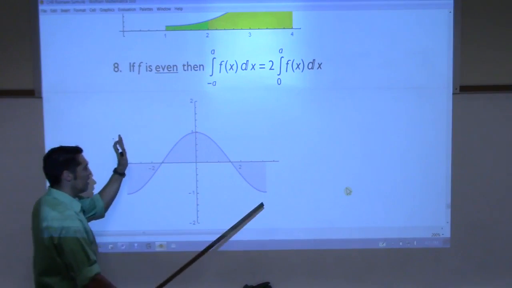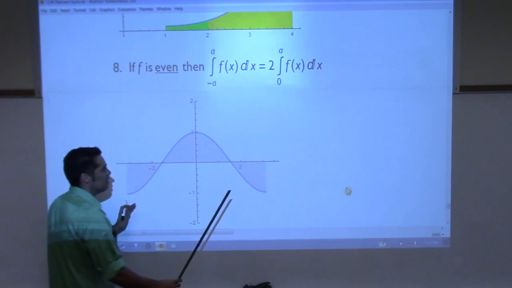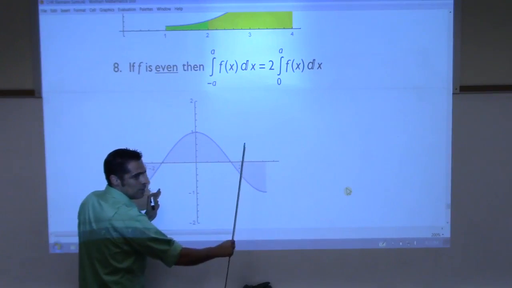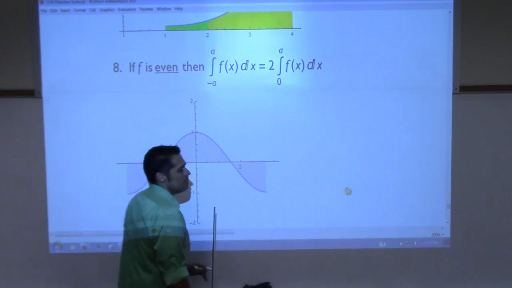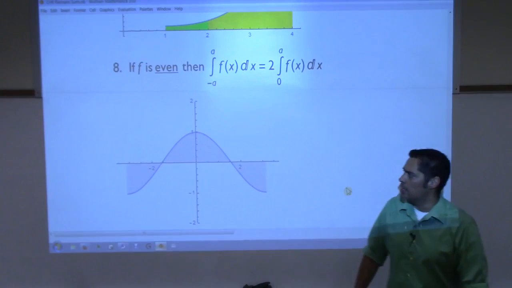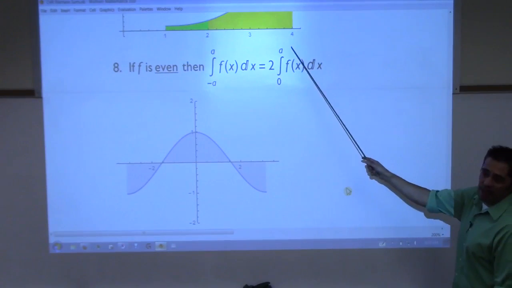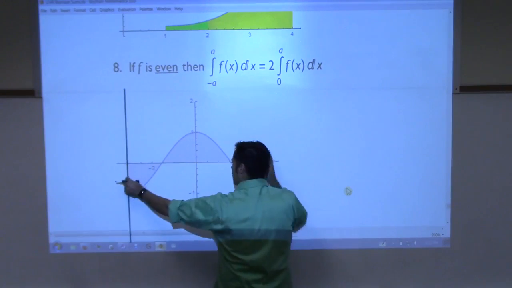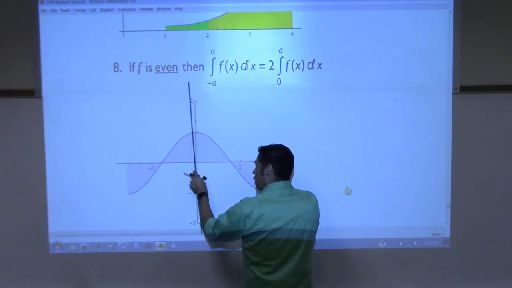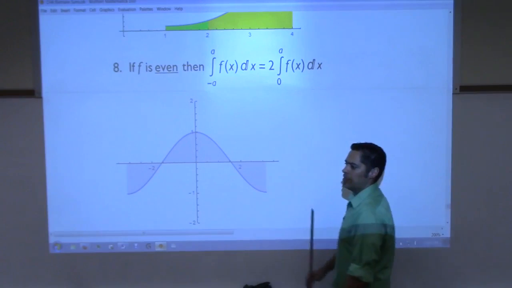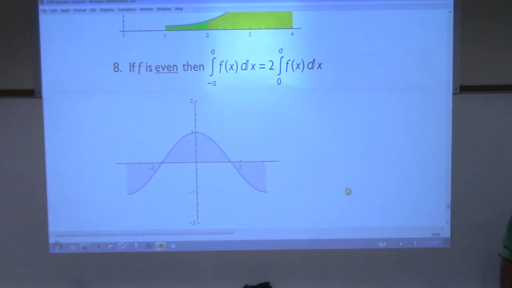So that means I'm going like from negative 3 to positive 3, or from negative 1 to positive 1, or negative 10 to positive 10. What can you do instead, according to this? Just go from 0 to a. So instead of going from here to here, just go from here to here and then double your answer. That seem reasonable as far as visually?